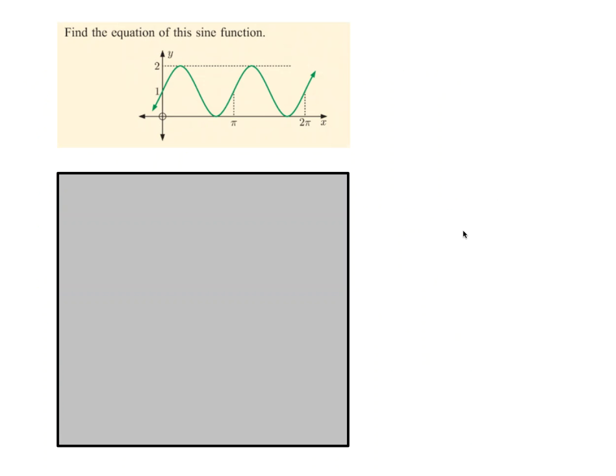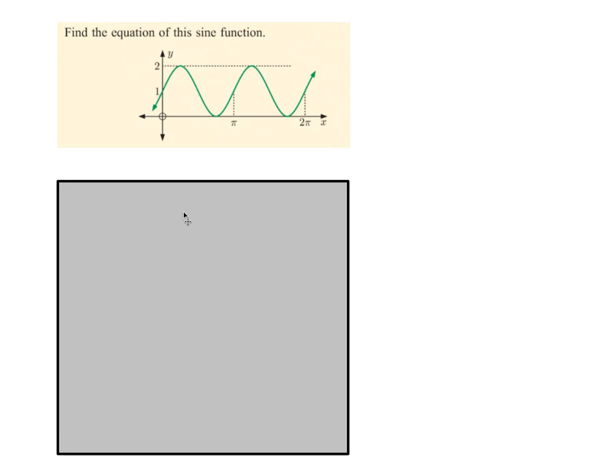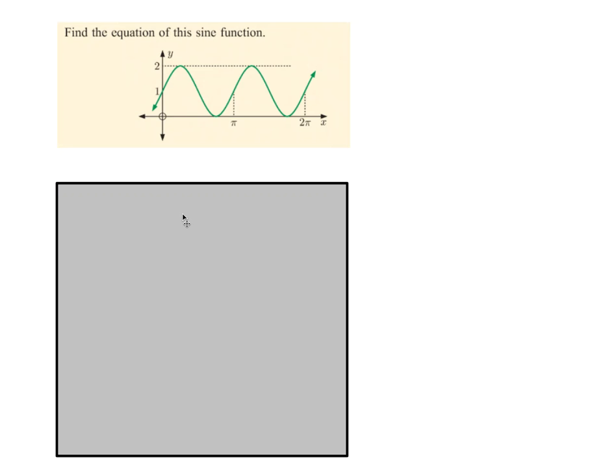In our last example, sometimes we need to look at a graph, and by thinking about transformations, we can work out what the probable equation is. So we need to find the equation of this one. Well, we look at it and we see, again, maybe you want to stop the video and try it for yourself.